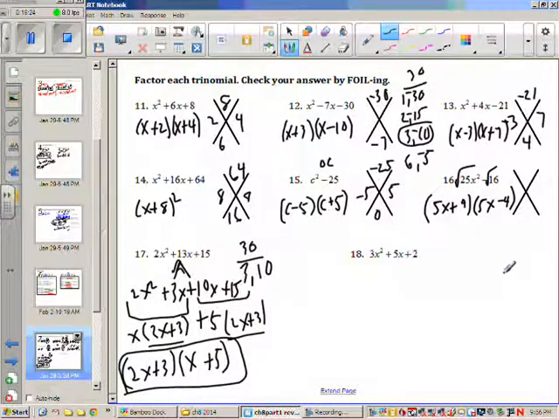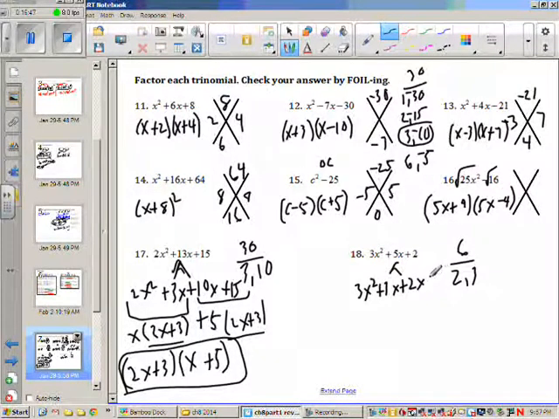Why don't you do this one a similar way? Multiply a times c, that adds up to b, the middle term, and then do the factor by grouping. Hit pause. Okay, 3 times 2 is 6. Factors of 6 that add up to 5 are going to be a 2 and a 3. So I'm going to write 3x squared plus 3x plus 2x.